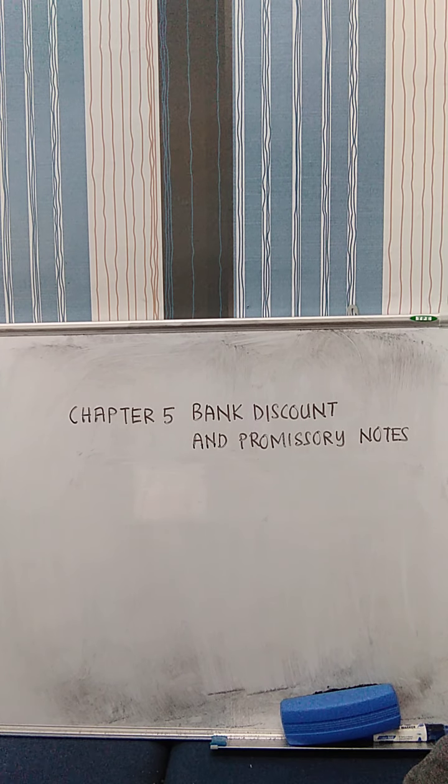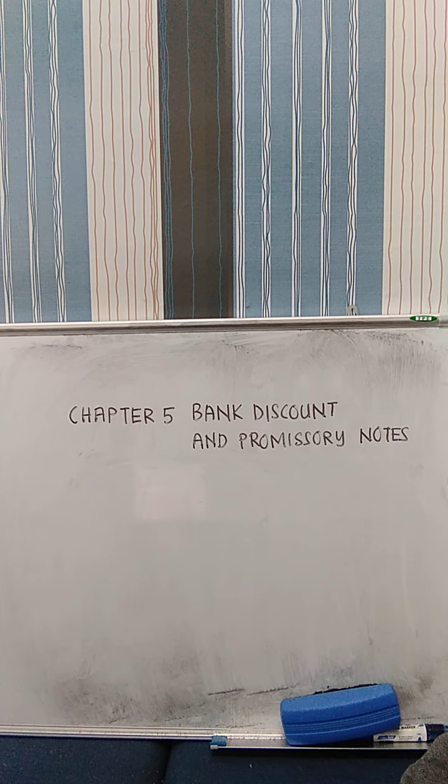Term number two is payee. Who is payee? Payee is the person to whom the payment is to be made. As an example, you want to borrow money from me, means you are the maker and I am the payee.